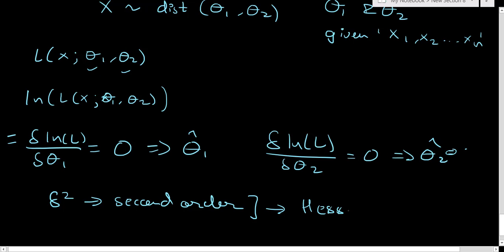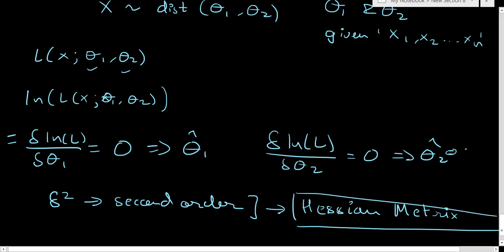Okay, Hessian matrix is used, and I would love to discuss this Hessian matrix with you guys here. But the thing is that it is not covered in the subject CS3 curriculum, and it is a beautiful mathematical technique that helps us check whether there is a point of maxima in the two parameter case or not.